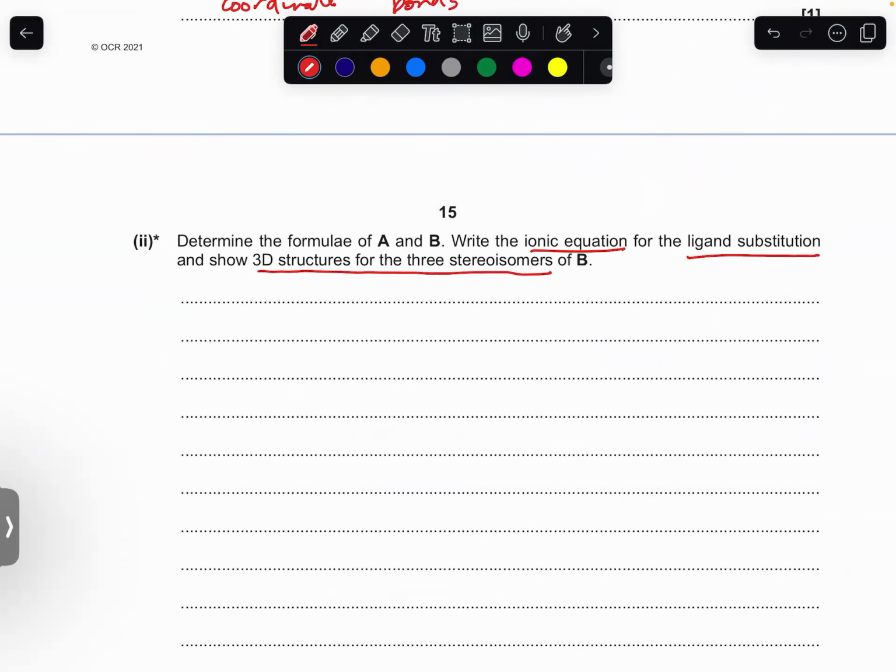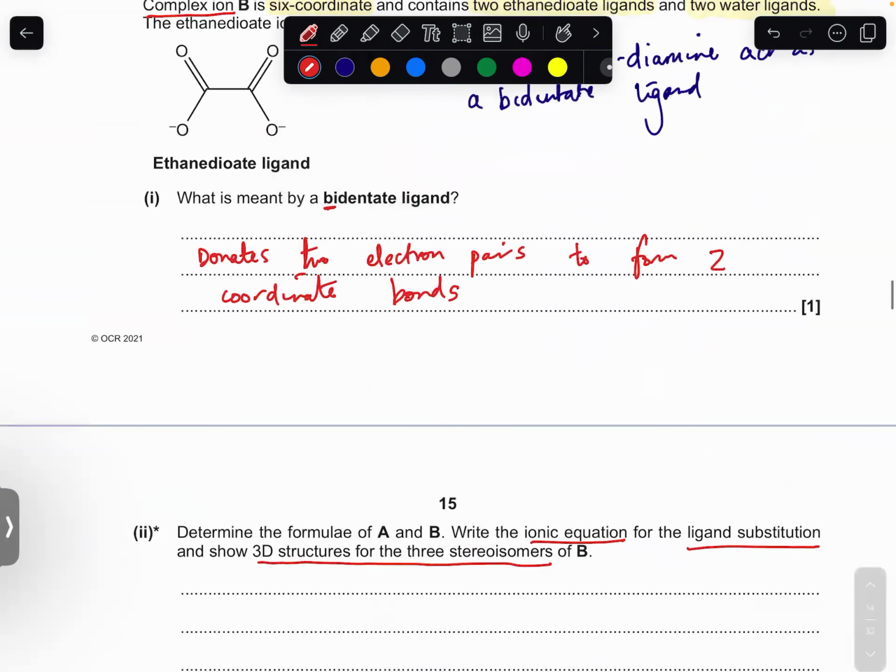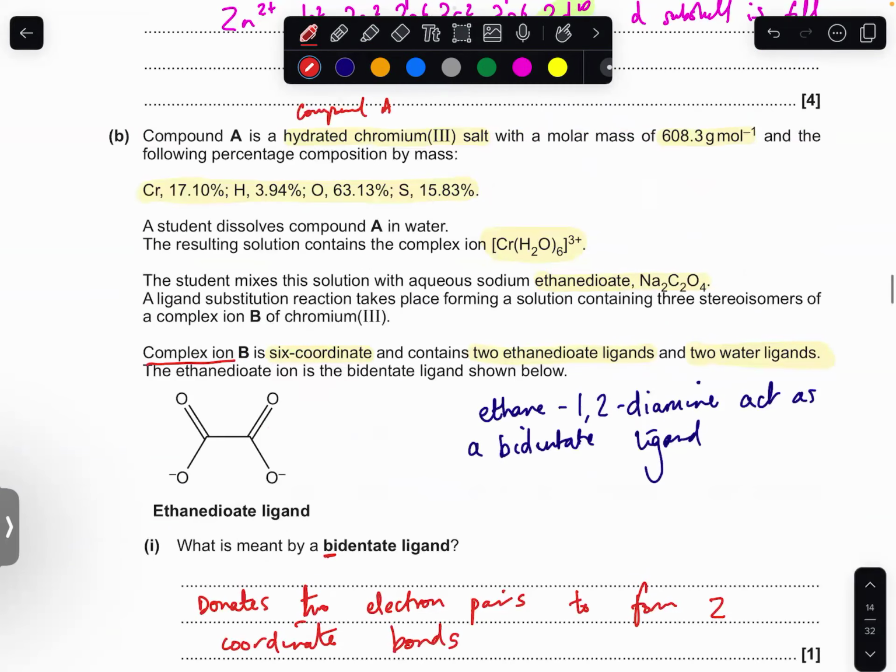Let's have a look. First things first, you've got your percentage abundances, and let's work out the empirical formula.